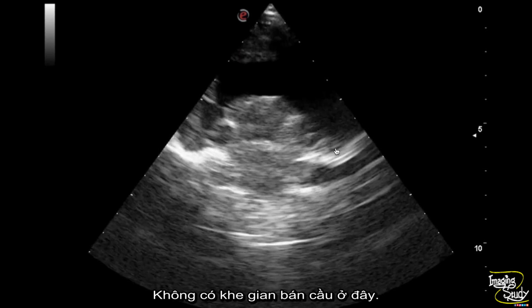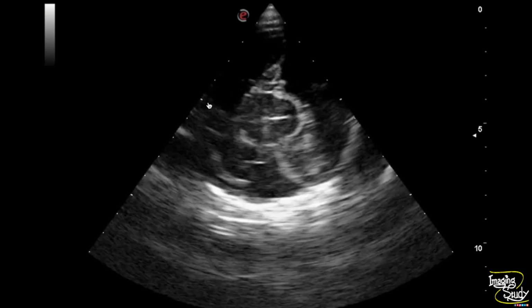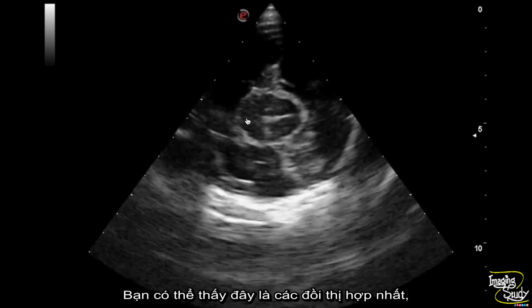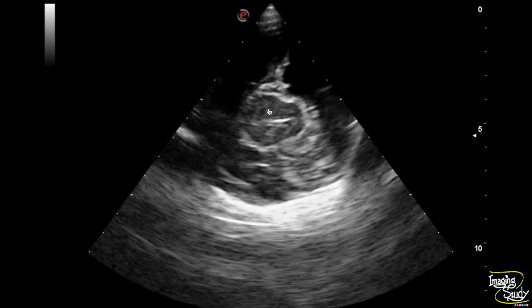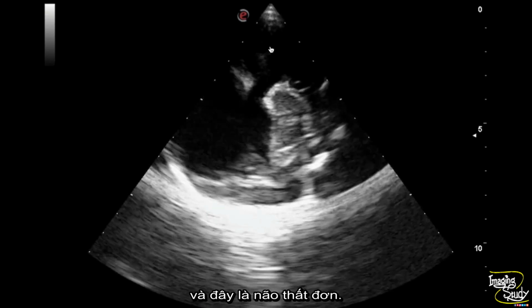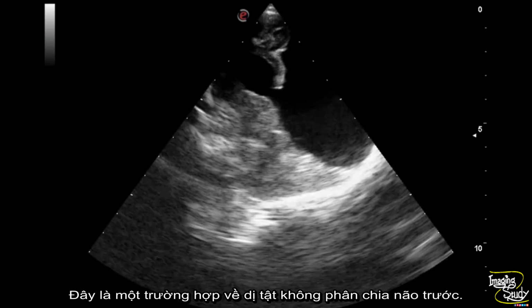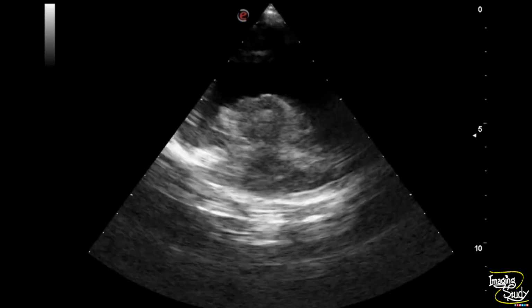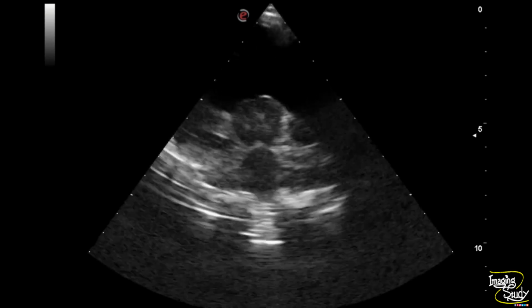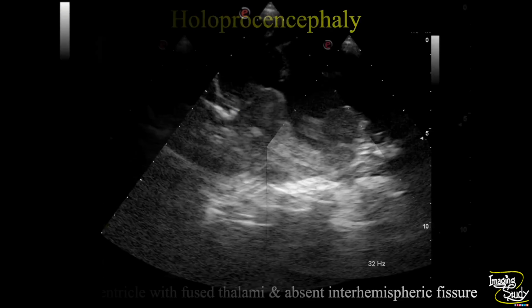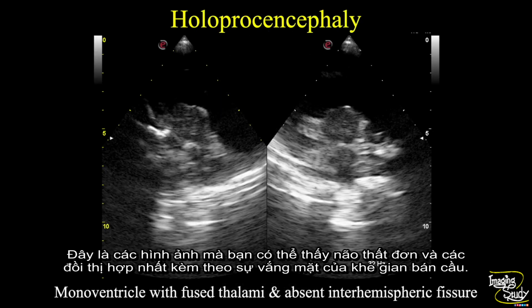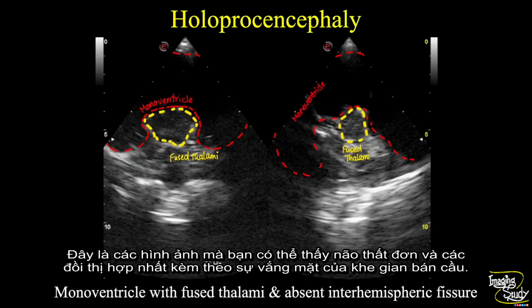There is no interhemispheric fissure here. You can see the fused thalami, and this is the monoventricle. So this is nothing but a case of holoprosencephaly. Here's the picture. You can see the monoventricle and fused thalami with absence of interhemispheric fissure.